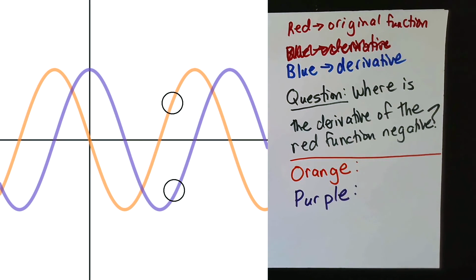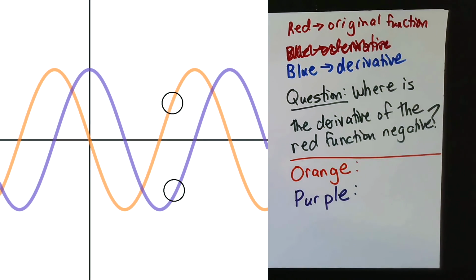At this point, the derivative of the purple function, well, that's saying the slope of the tangent line, and that tangent line has positive slope. So at this point on the purple function, the derivative of the purple function should be positive. If you then look at the orange function, its value is in fact positive. Okay. That would be consistent with the purple function being the original function and the orange one being the graph of the derivative.